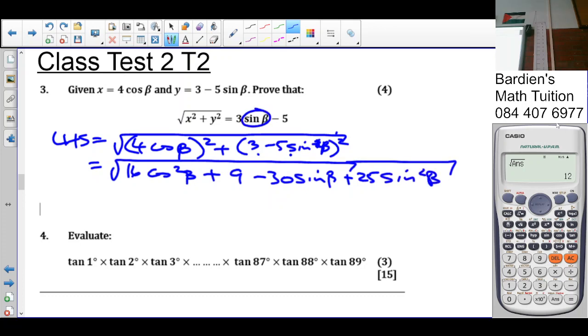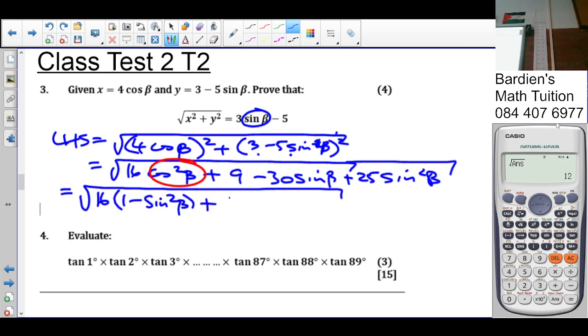If you look here, we only have sines. Not so. So what I do is I replace cos squared. Yes, so easy. So that becomes 16 into 1 minus sine squared beta plus 9 minus 30 sine beta plus 25 sine squared beta.